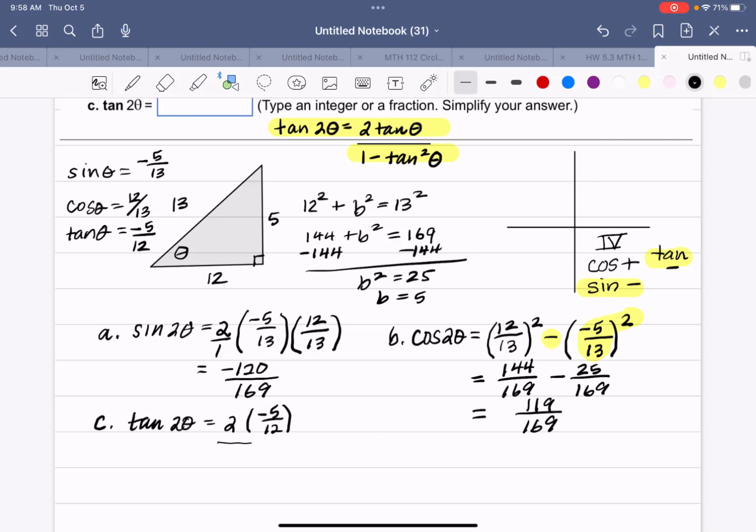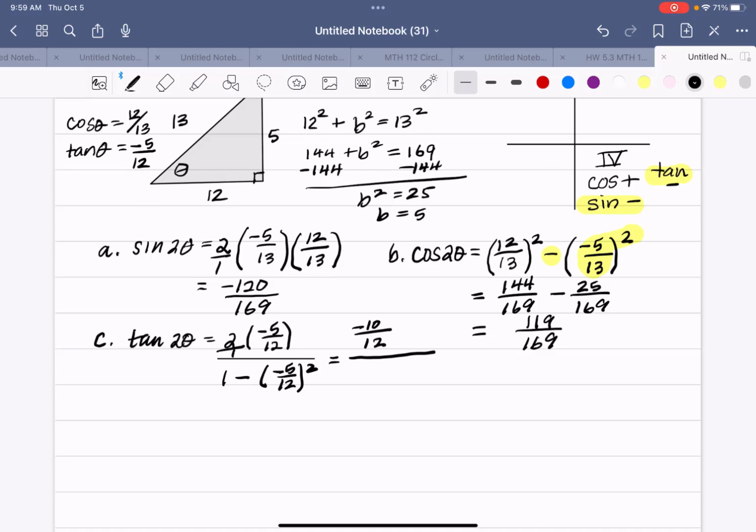All of that is over 1 minus tan squared theta. So in my numerator, remember this 2 is over a 1, is negative 10 over 12. So in my denominator, 1 minus, and again, this sign gets squared first, so this is going to stay as a minus sign. 25 over 144.